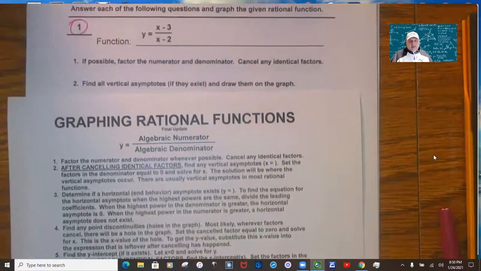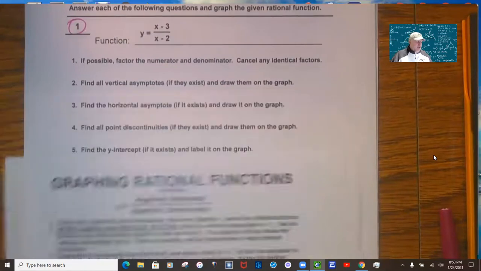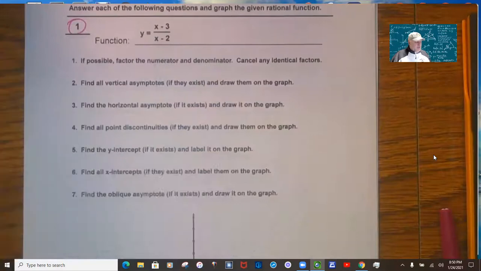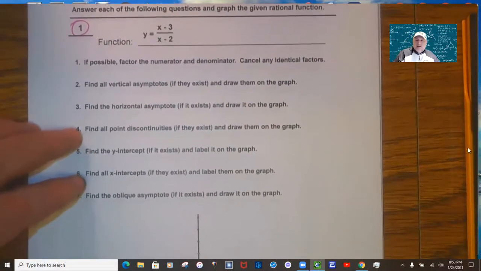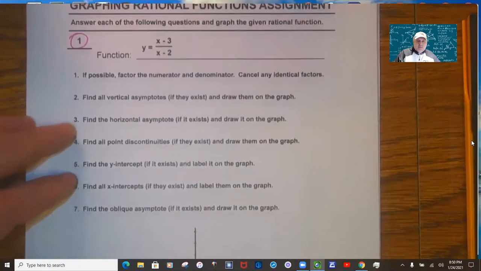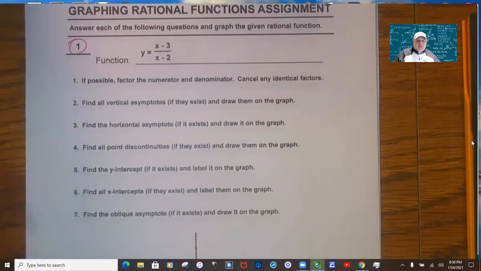It's really not. If you'll just read and follow directions, this becomes very simple. So here's our first function, and number one is going to be drawing on something that we've done before, factoring. The numerator and denominator will not always factor, but 9 times out of 10, it's going to. So get ready to do that.